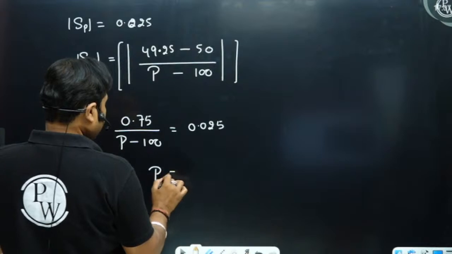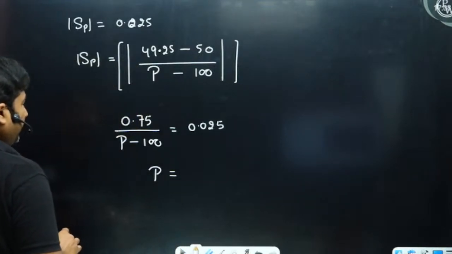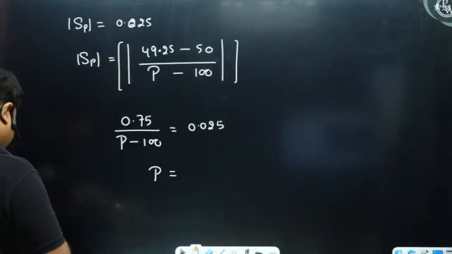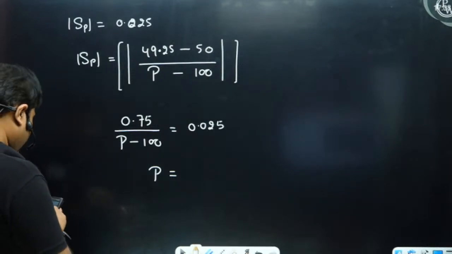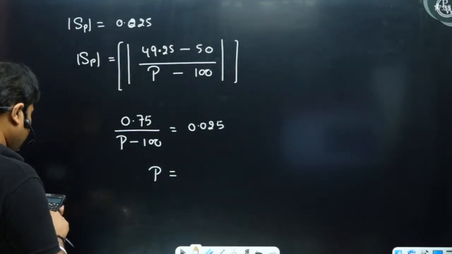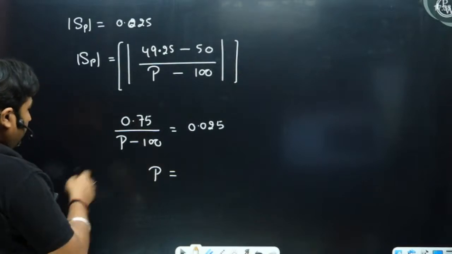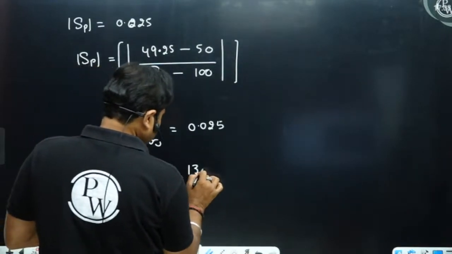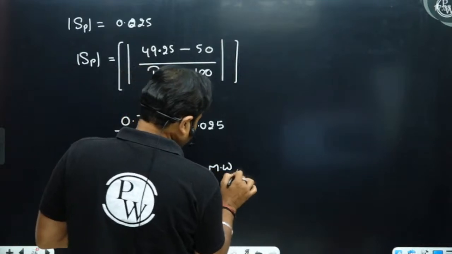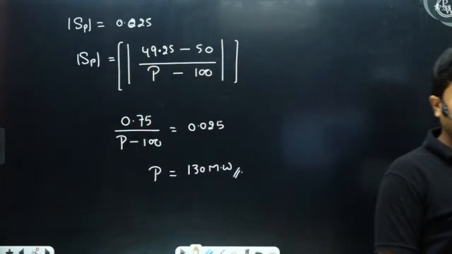So you can calculate the value of P: 30 plus 100, 130 megawatt. How many of you are able to understand this question perfectly?